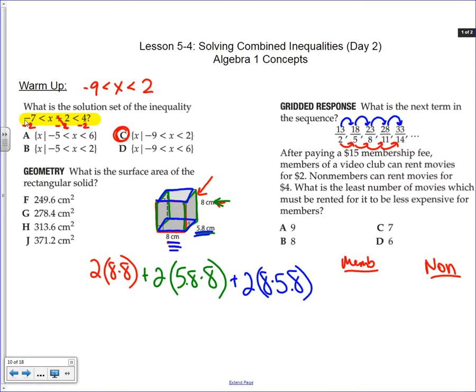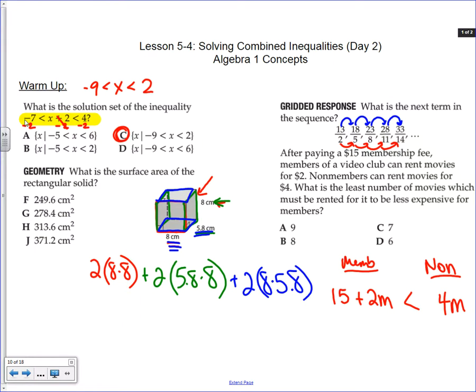If you are a member, you have to pay a $15 membership fee, and then you rent movies for $2 per movie. If you are a non-member, you don't have a membership fee, but you're paying $4 per movie. The question says I want it to be less expensive for members. So for my members, I want it to be less than the non-members.